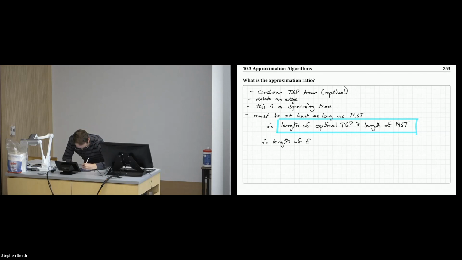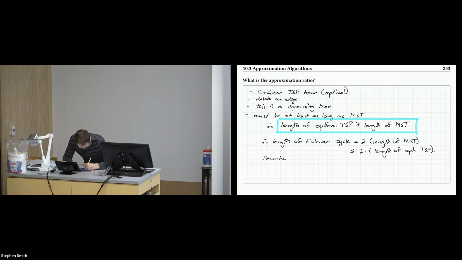Length of Eulerian cycle equals 2 times length of MST, which is less than or equal to 2 times the length of the optimal TSP.